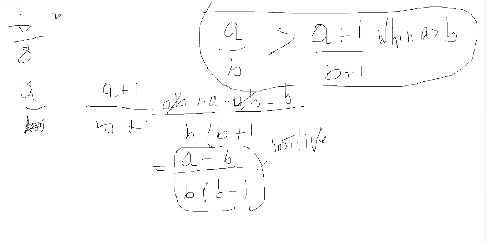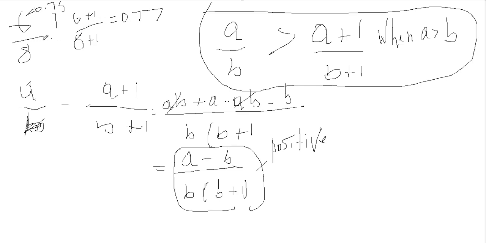Let's make a comparison with 6 plus 1 over 8 plus 1. You can get your calculator and you're going to see the results. When I do that, I have 6 over 8 is 0.75, and 7 over 9 is 0.77.